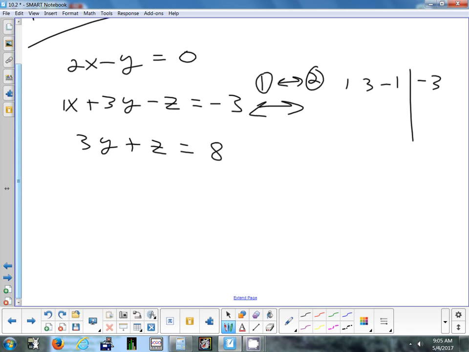Next row is going to be 2, 1, 0, 0. Isn't it negative one? Minus one? Yes, thank you. And then 0, 3, 1, 8. Okay so far?